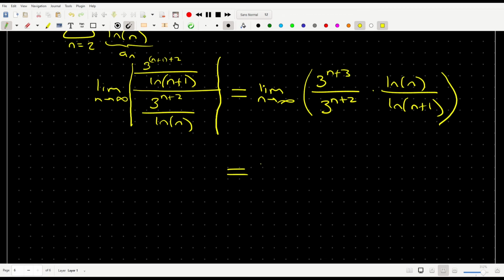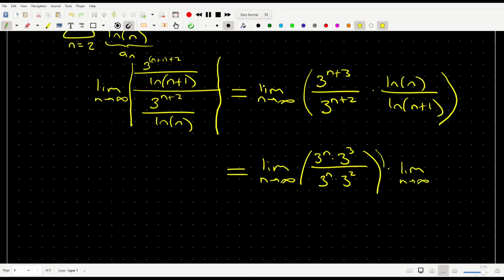And so this is the same thing as the limit as n goes to infinity of 3 to the n times 3 cubed over 3 to the n times 3 squared, times the limit as n goes to infinity of the natural log of n over the natural log of n plus 1.